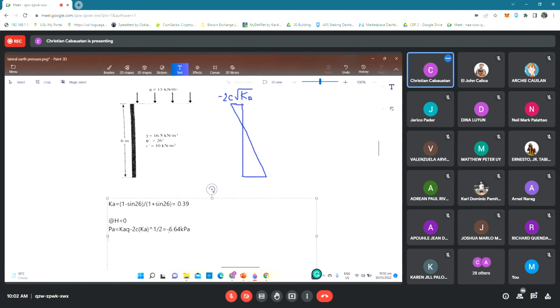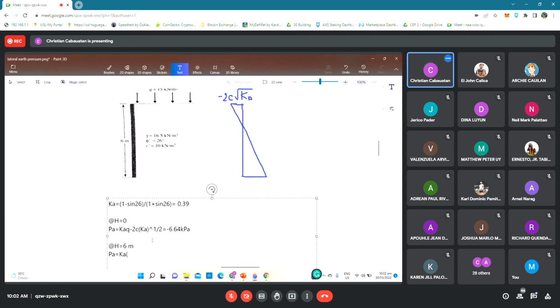Okay? And that is the value for the upper part. So now we go to the bottom, at height equal to 6 meters.